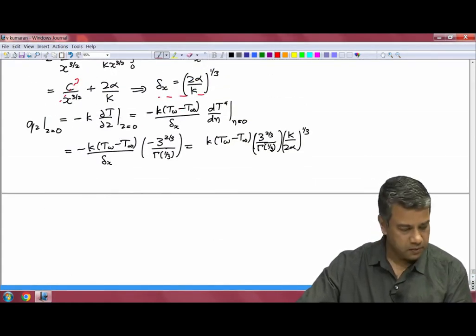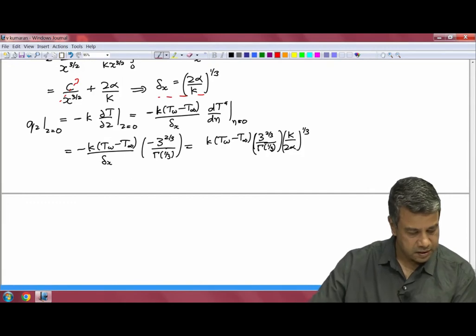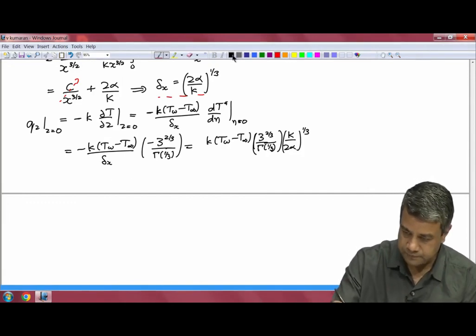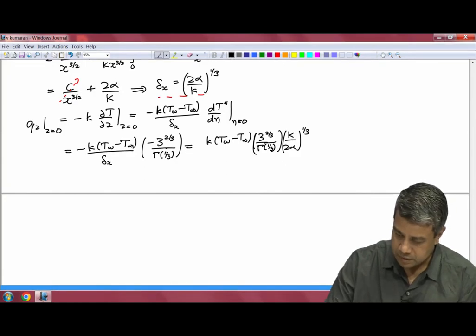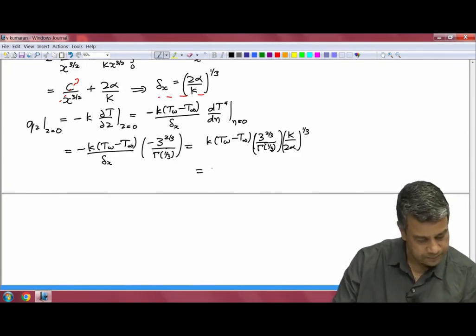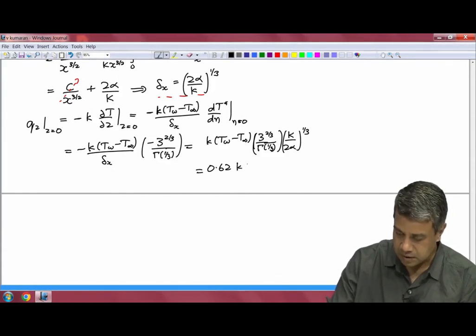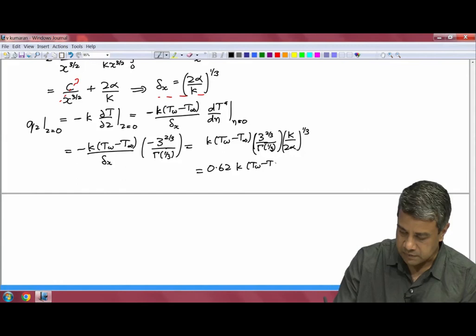And you can work out the numerical constants here. It turns out that this is equal to 0.62 k into T_w minus T_infinity.